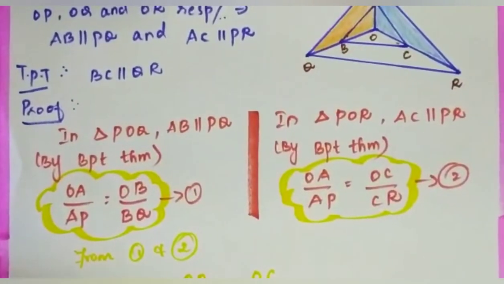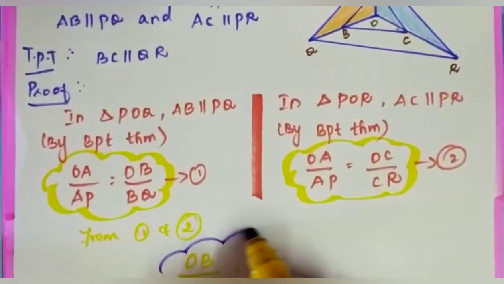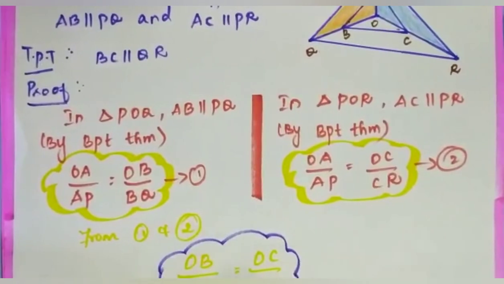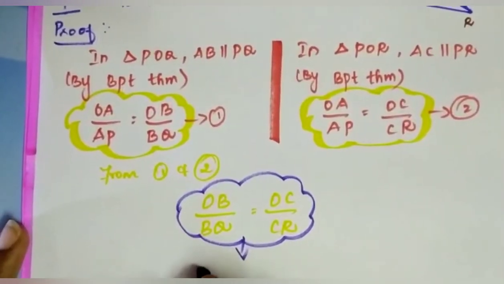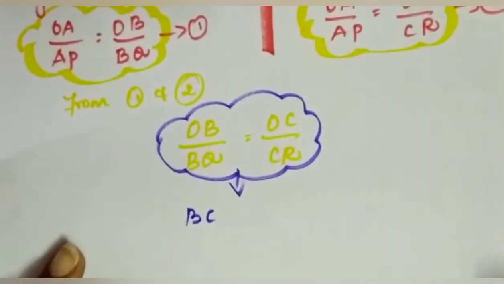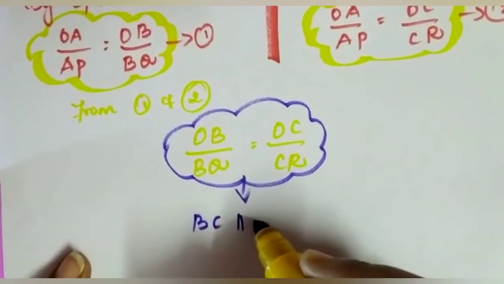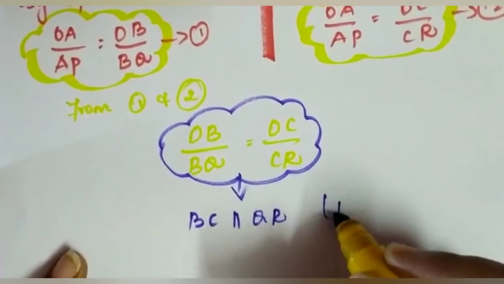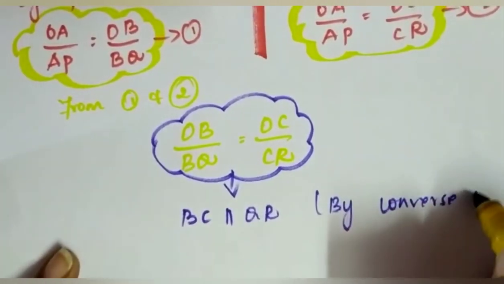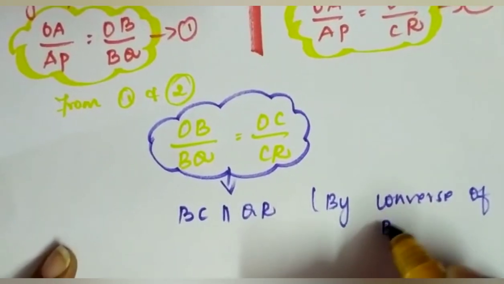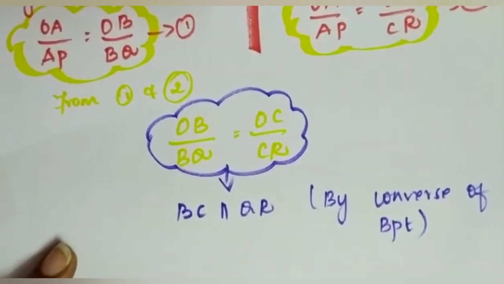So we can conclude that since the sides are in same proportion, BC is parallel to QR by converse of BPT theorem. Clear?